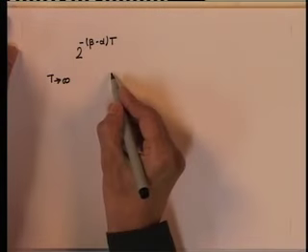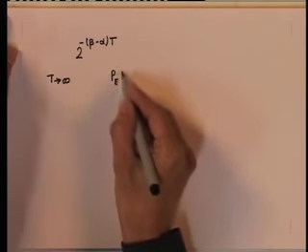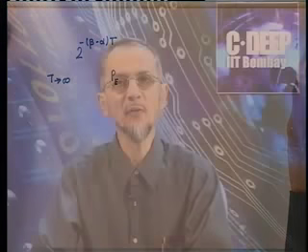This will make the error probability Pe go to 0, and we have the possibility of error-free communication.